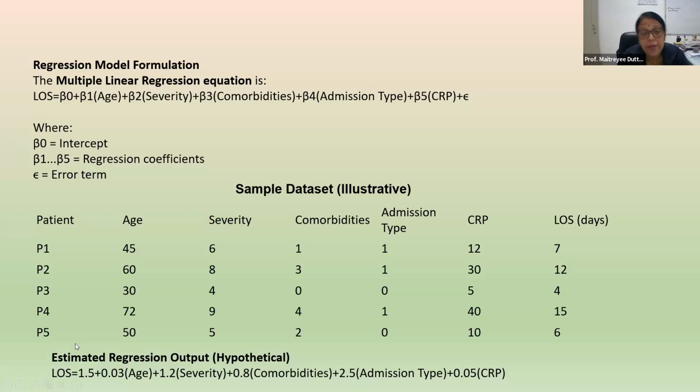So we are taking the 5 patients' age, 5 patients' severity, comorbidities, depending on the count of the complexities, and then the admission type, whether it is an emergency or a planned admission, where we have taken 1 as emergency and 0 as planned, CRP values and the LOS values.